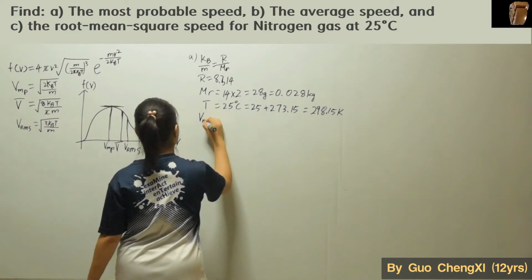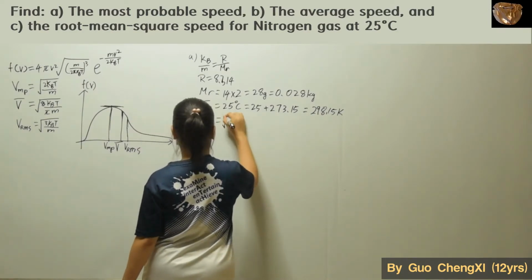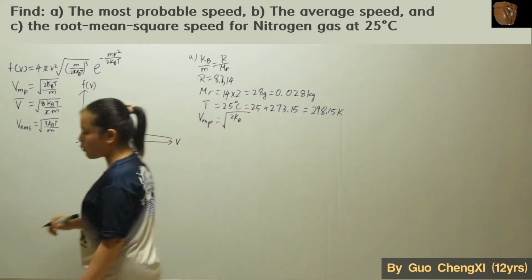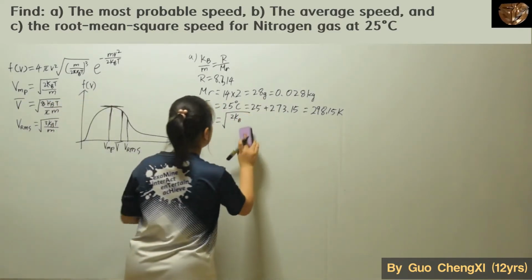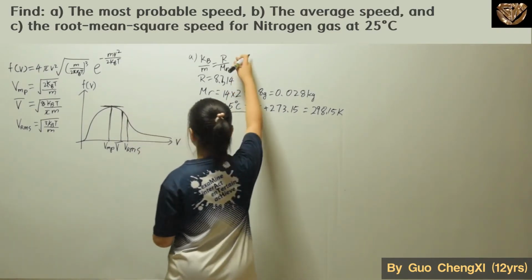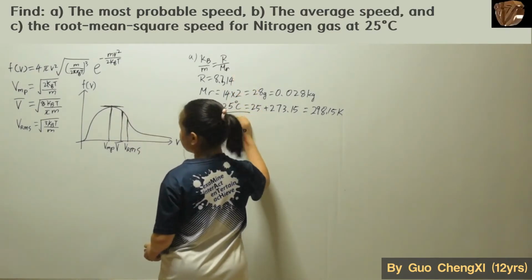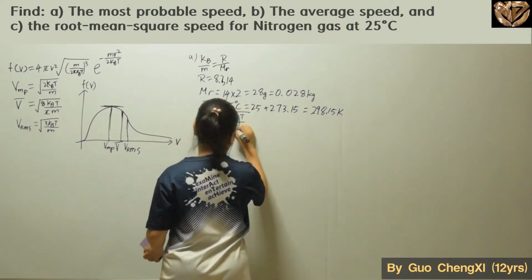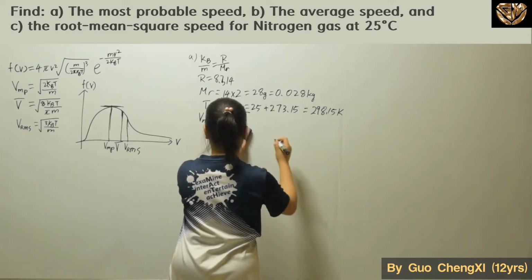Okay, so for this part over here, now that we have gotten these parts, you can do these questions already. So vmp is square root of 2 kBT over m. So over here we can just straight away sub it in. As I have shown here, it is practically 2RT over Mr, right?